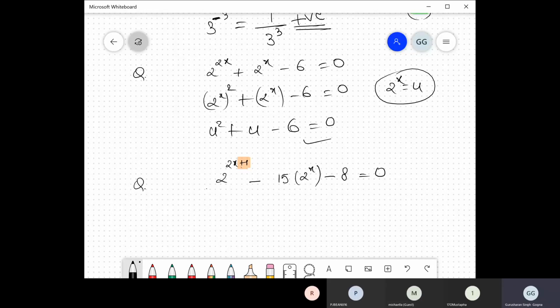Any guess? How will you get rid of plus 1? Because I cannot write this as, let's say, u squared unless I get rid of plus 1. That's a problem for me.